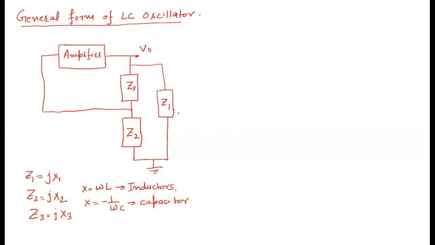We know there are two types of LC oscillators. For this circuit, we have X1, X2, X3, for Hartley and Colpitts.